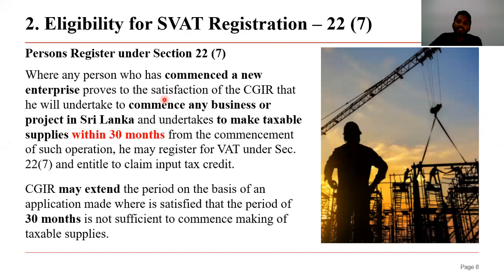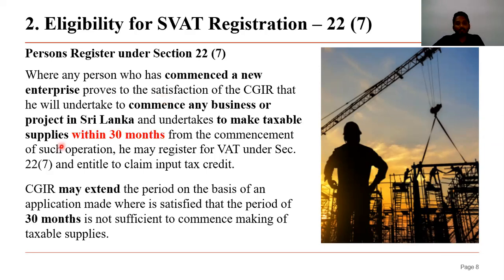Then subject to that, you will make taxable supply within 30 months. By that guarantee, you can register under 22.7 and you are eligible to register for SVAT, right?